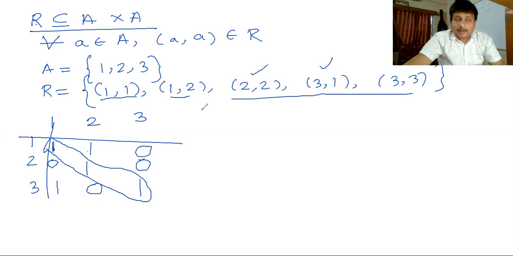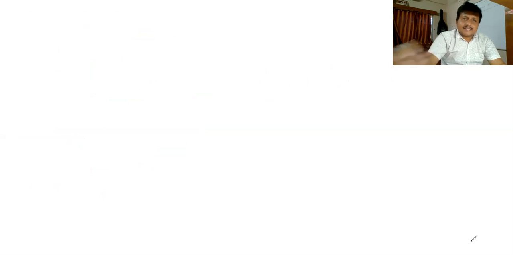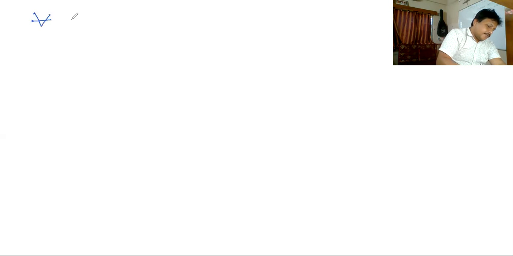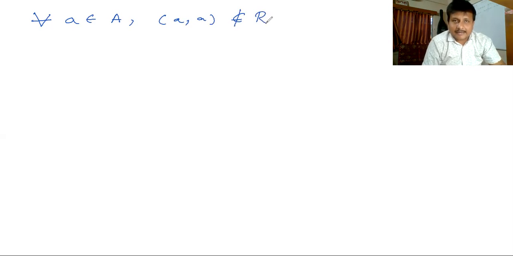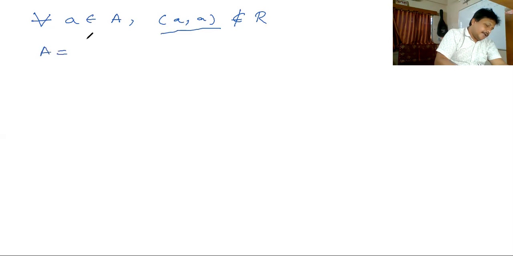Now, along with that, we can also note what is an irreflexive relation. It states that for all elements a in A, (a, a) cannot be in R. This means that for every element a in A, (a, a) in no case can be in R. As for example, suppose that you take A equal to {1, 2, 3} as we did earlier, and suppose R equal to {(1, 2), (2, 3)}.